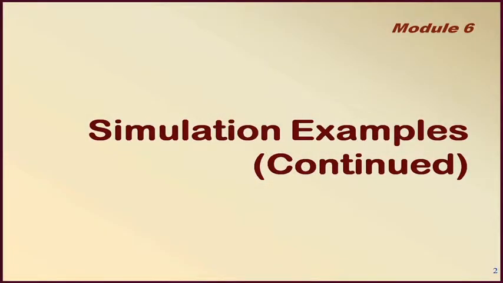Morning. Today we are going to discuss some more examples from our simulation discussion. Earlier we discussed some examples, and today we add the additional knowledge we have gained, particularly on random variates. What should we do in this section?